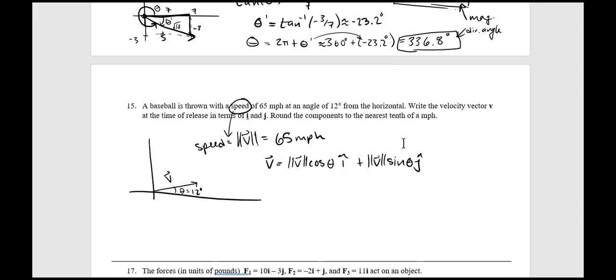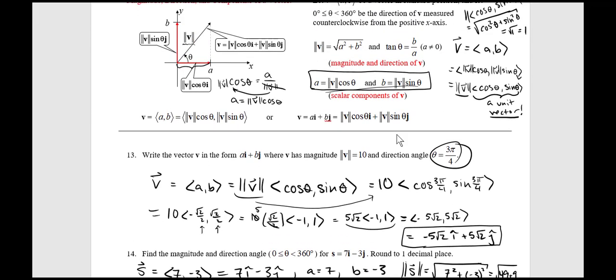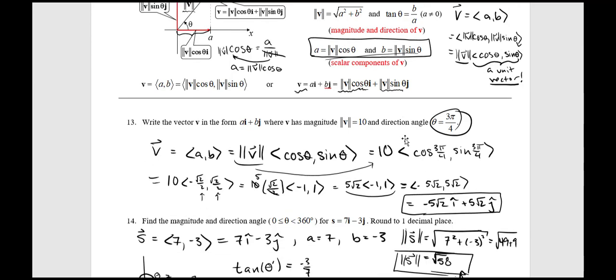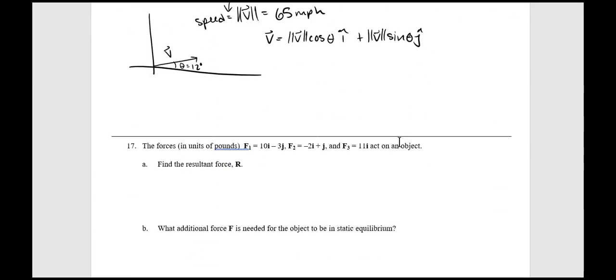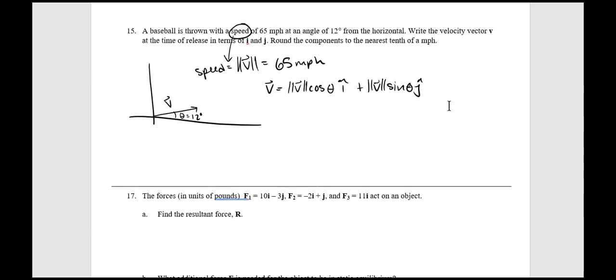These formulas say that we can express any vector in terms of its magnitude times cosine of its direction angle in the i direction, plus its magnitude times sine of its direction angle in the j direction. So that's exactly what I'm writing down here. This is pretty easy from here. 65 is the magnitude. 12 degrees is the angle, right? Just from our picture.